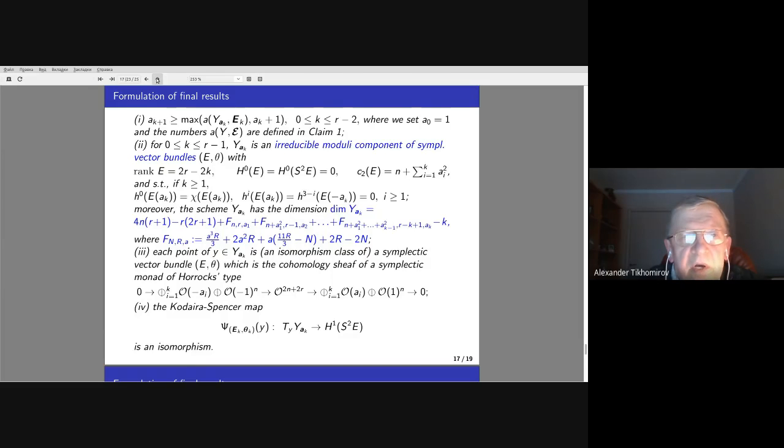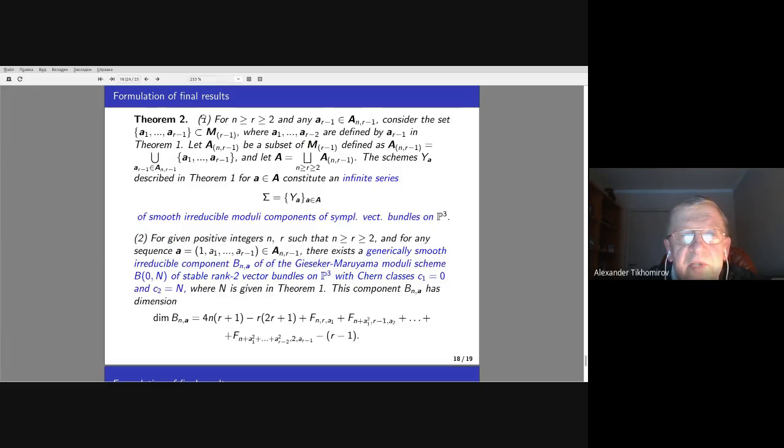So the next theorem says that if we introduce some more notation to collect all the possible ranks and charges into one set, this capital A is a countable, infinite set, defined this way, such that the schemes A sub bold A, where A belongs to this bold capital A, constitute an infinite series.